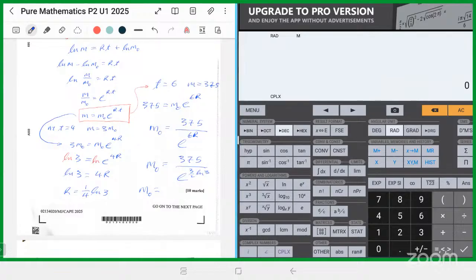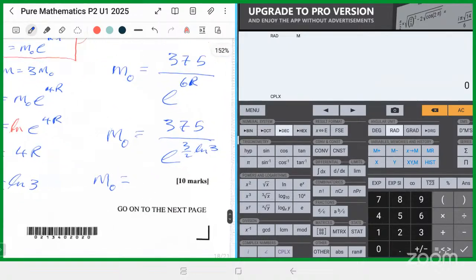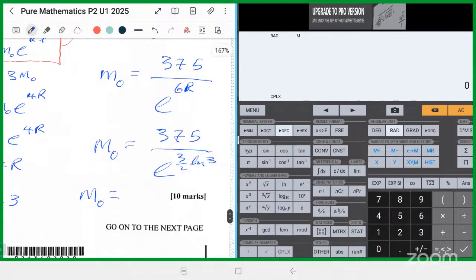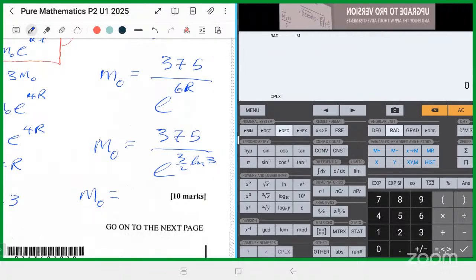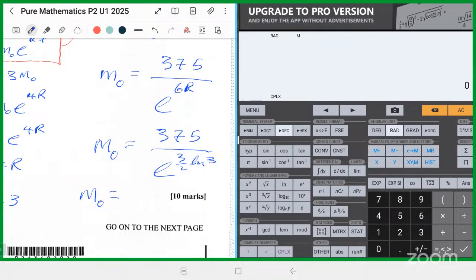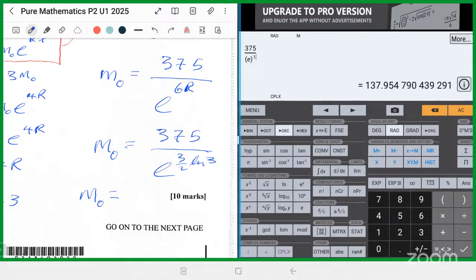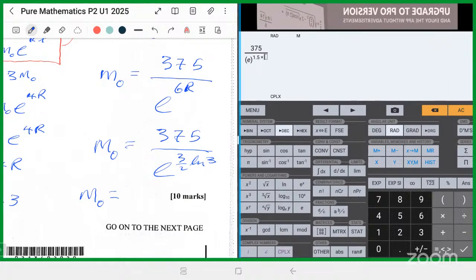So we're solving this thing down. So the initial population was some fraction. And we can test and see if our formula is correct. 375 over e raised to the power 3 over 2 ln 3.